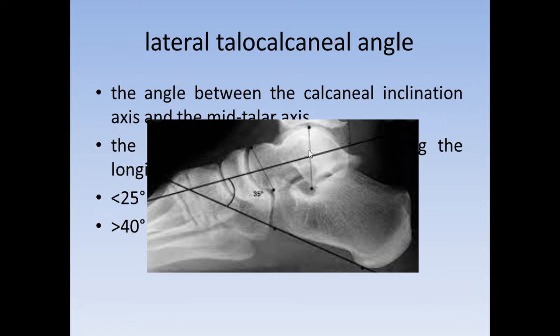The lateral talocalcaneal angle also bisects the talus, and either from the inferior surface of the calcaneus or bisecting the calcaneus also. For example, at the anterior process drop a line, then midpoint, drop a line, and then midpoint, and join both points.